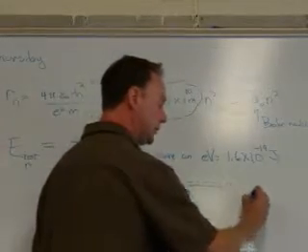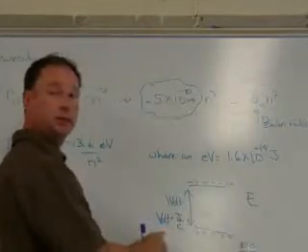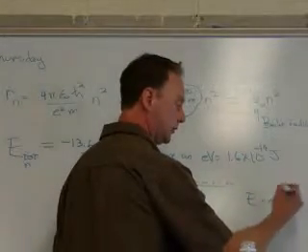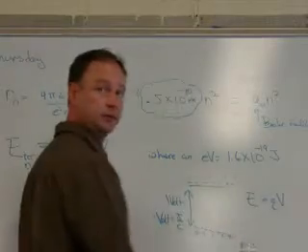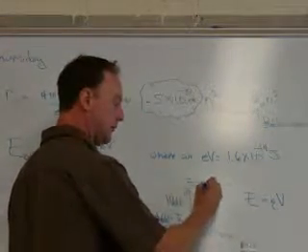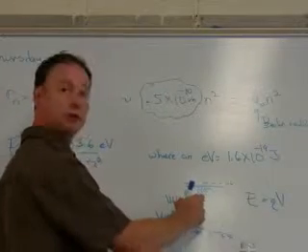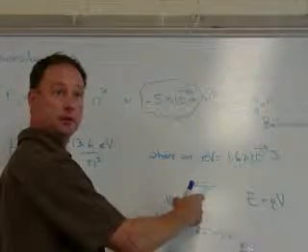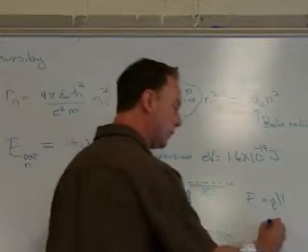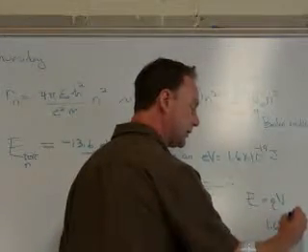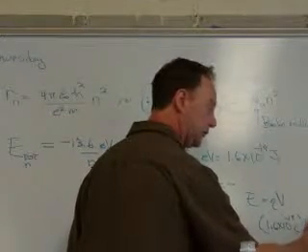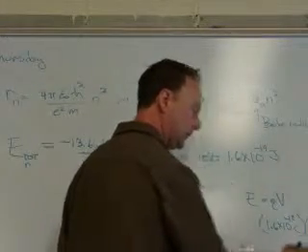The energy of a particle in a potential field is equal to Q, the charge, times the voltage. So in this case, if I put an electron right here, what would be the energy the electron feels in this potential? It's the charge of the electron, 1.6 times 10 to the minus 19 coulombs, times 1 volt, and a volt is a joule per coulomb.